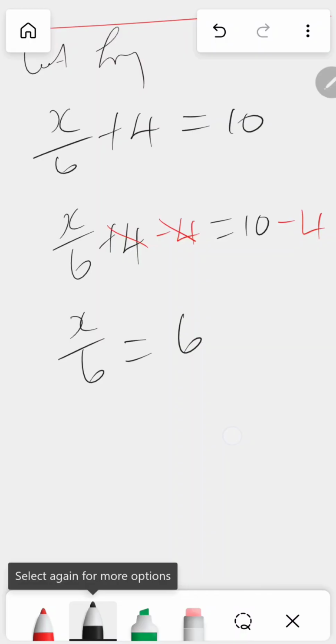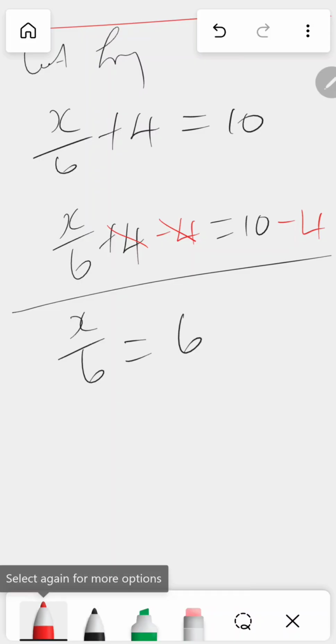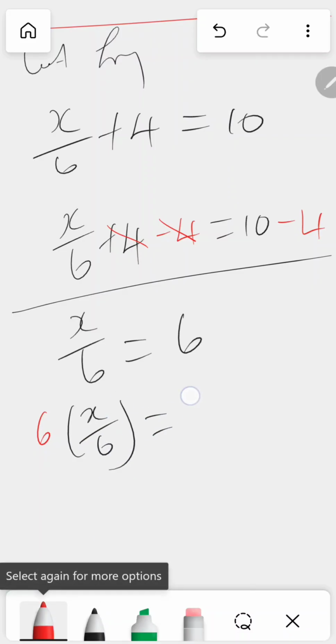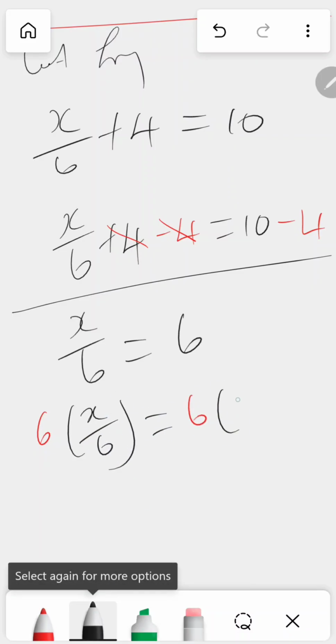Now that we have done that, we'll go ahead and solve for x. But the first thing that we need to do is to remove the fraction. To do that, we are going to multiply both sides by the denominator, the divisor, which is 6. So our new equation would be 6 times x over 6 equals 6 times 6.